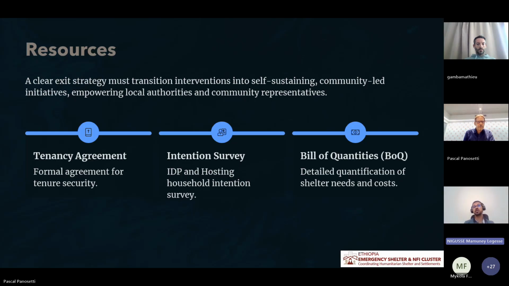As the next step, the cluster took the initiative to standardize the guideline and make sure we have a streamlined implementation throughout the country, at least to scale the approach to additional locations where we have spontaneous settlements here and there. And then we intend to enhance the integration with livelihoods as well as the WASH and protection sectors, at least with livelihood.